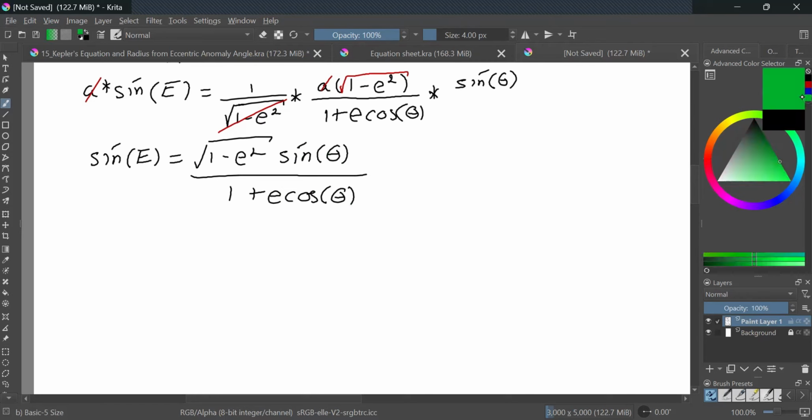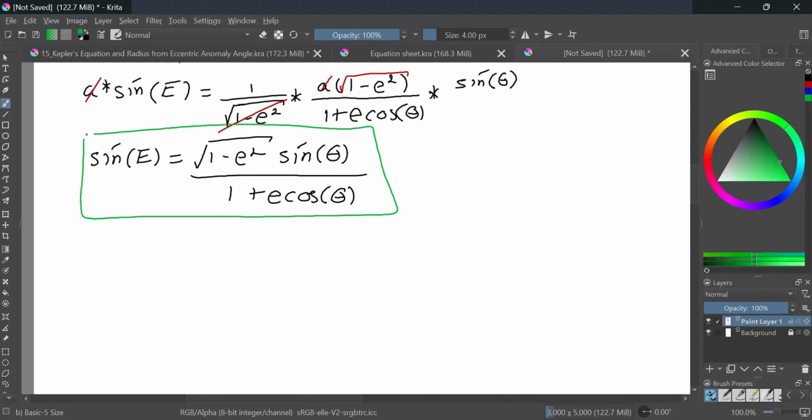And yes, that is the final equation for sine. And this has much the same issue as cosine did, in that it will only give us a number between minus 180 degrees and positive 180 degrees.